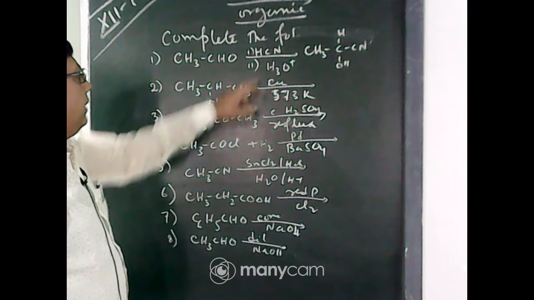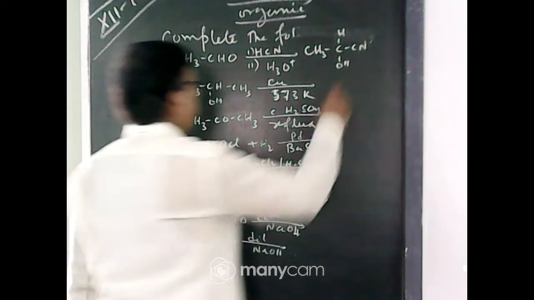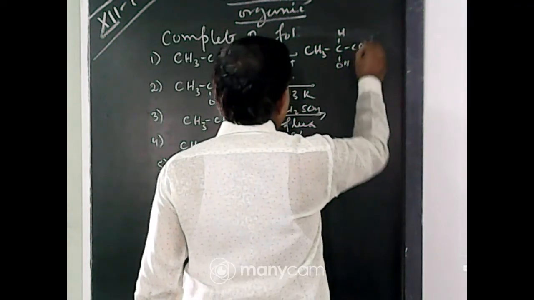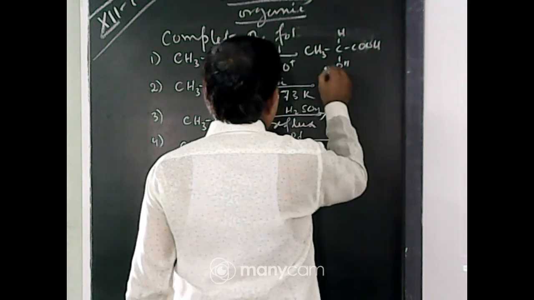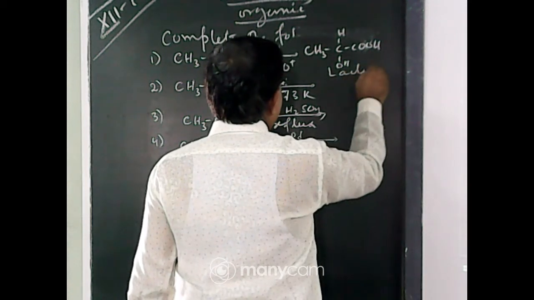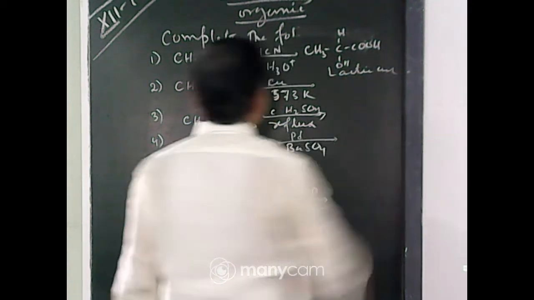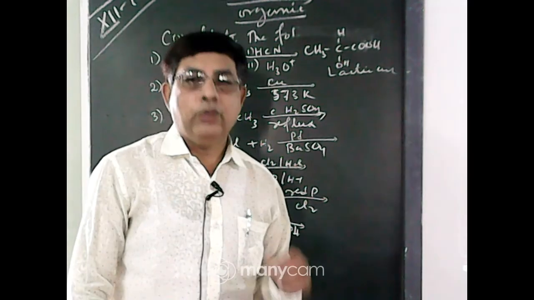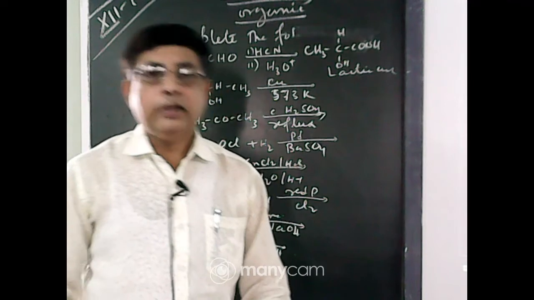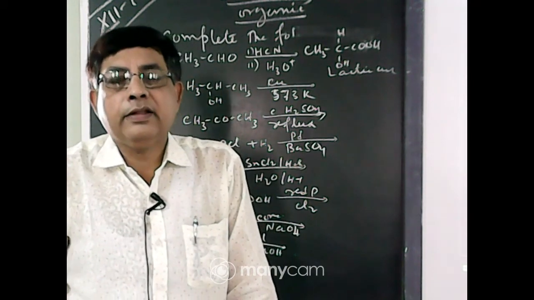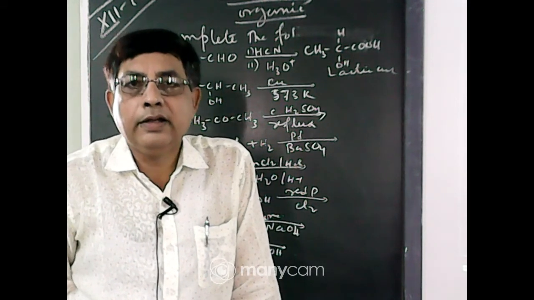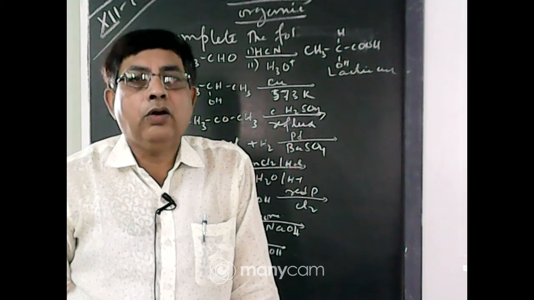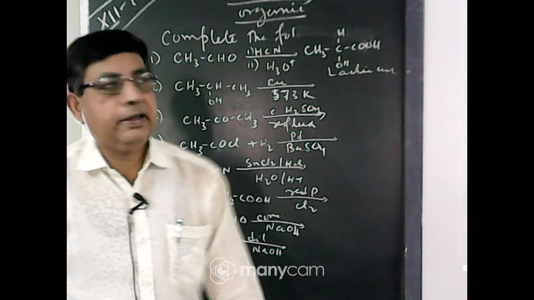This cyanohydrin on hydrolysis, the CN group is converted to COOH. So this is known as lactic acid. So the final product is lactic acid.